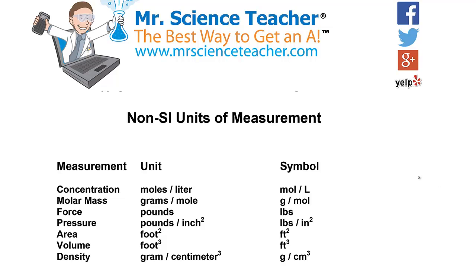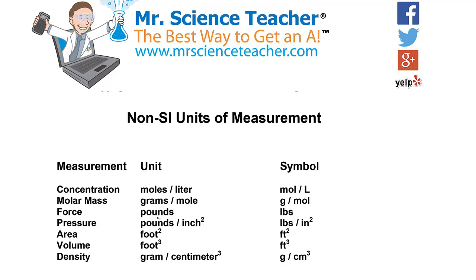All right, moles is a base unit, but liter is not a base unit. Okay, molar mass, grams per mole. Once again, we have the mole here, which is a base unit, but it's not grams that is the base unit, it's kilograms. But we use these units because we find them to be convenient in our calculations.